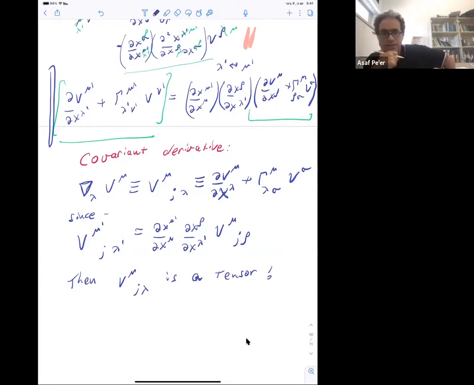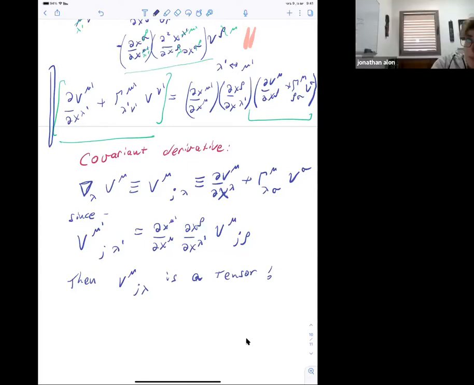What's the rank of this tensor? One. 1, 1, right? You can see it from the transformation laws.